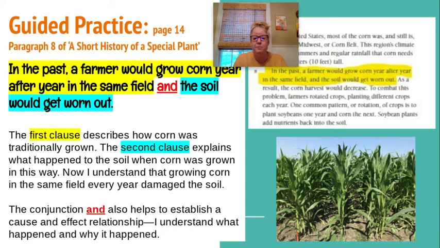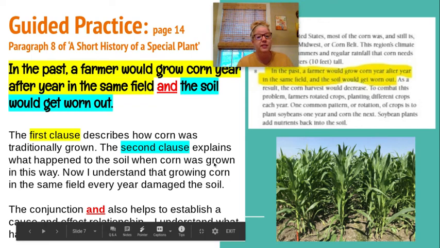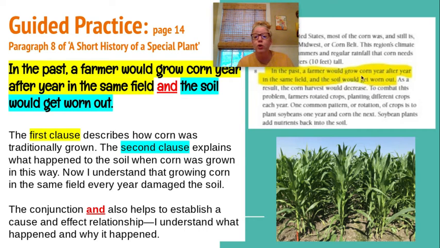So please turn to page 14 of your Unit 1 booklet, and please find paragraph 8 of A Short History of a Special Plant. Paragraph 8, and I highlighted the sentence. If you have a highlighter at home, you can certainly highlight. In the past, a farmer would grow corn year after year in the same field, and the soil would get worn out.